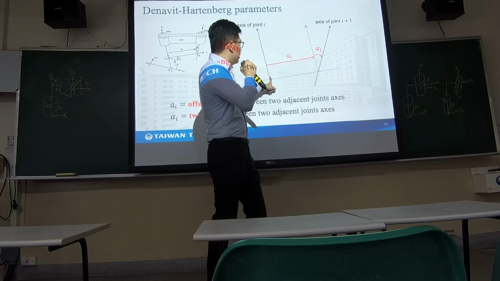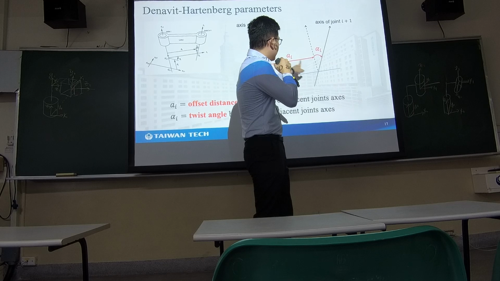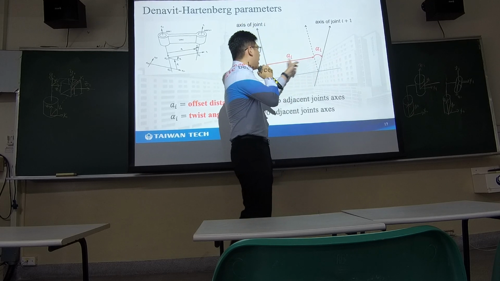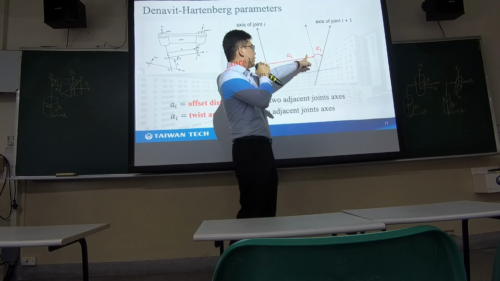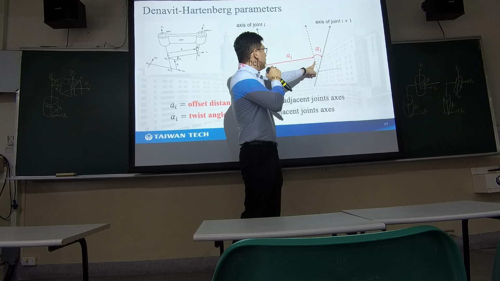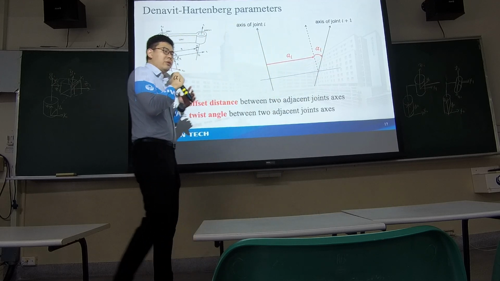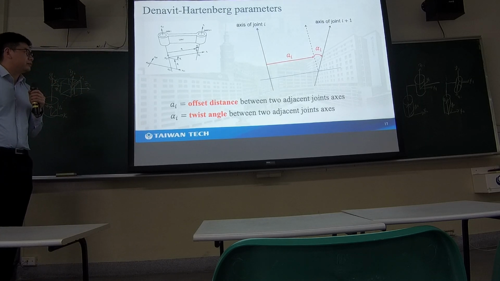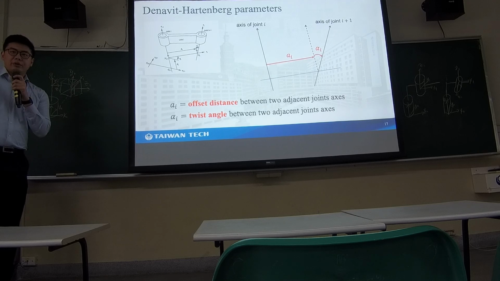By shifting the z axis over here, this offset distance is ai. And if you rotate about the x axis, then you need to rotate the alpha i angle. Is this okay?